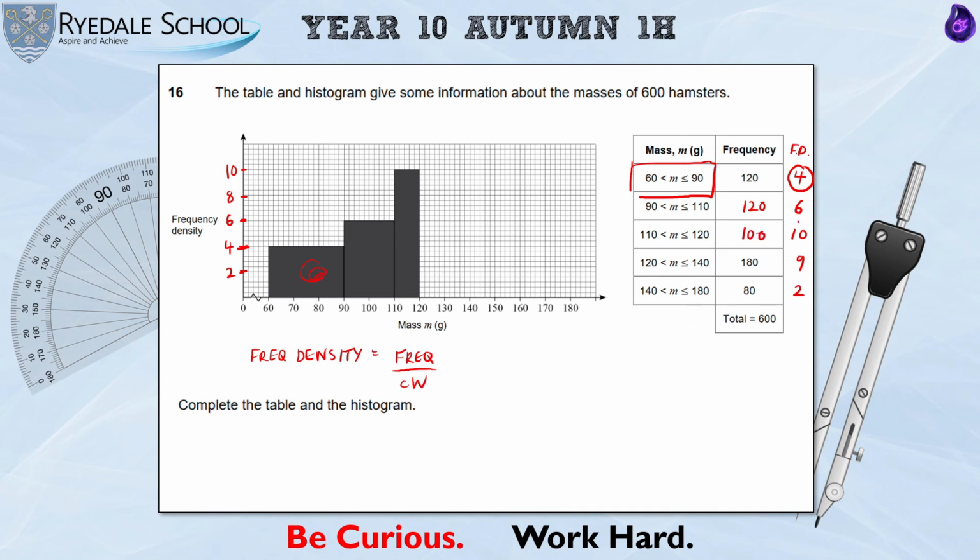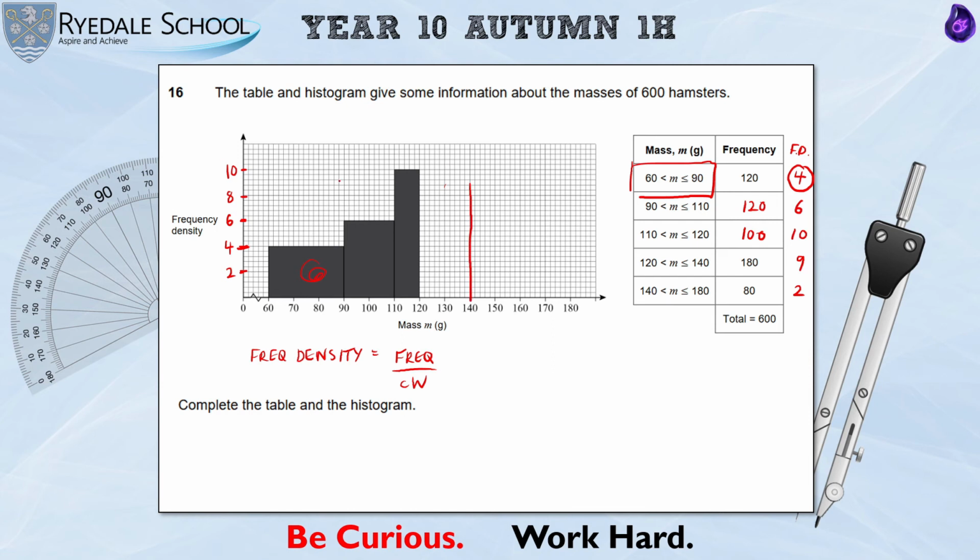But we're not quite finished, because we have to finish the histogram as well. We need to draw these last 2 bars in. So you'd use your ruler. Between 120 and 140, we need a height of 9.